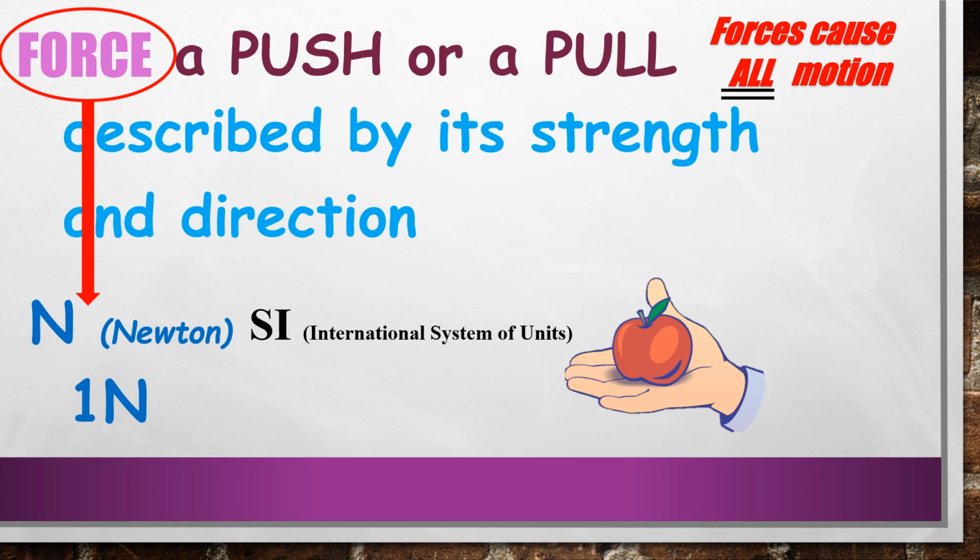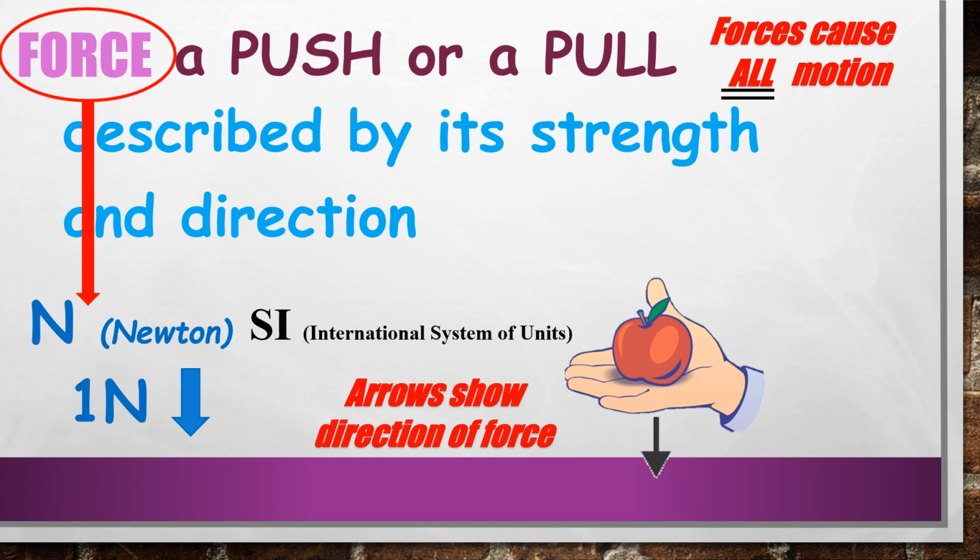Well, for force, we need a strength and a direction. So I need to know which way it's going. If I let the apple fall, then I'm going to show that my arrow, my Newton, my pull, my force is going down. Arrows are always going to tell me the direction that the force is going.